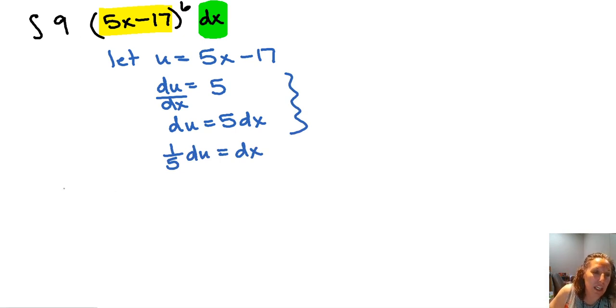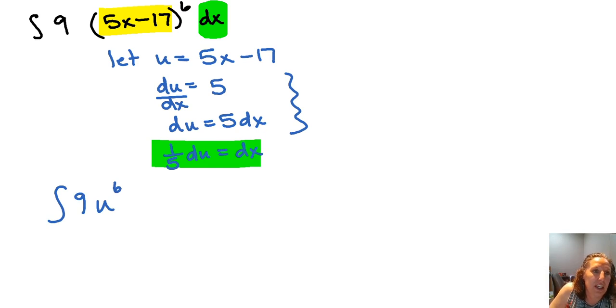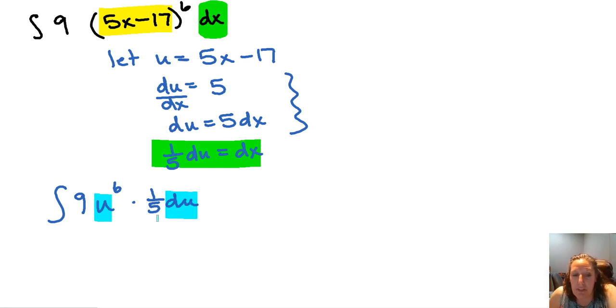Alright, so if we plug back in, we didn't do anything with our 9 out front. Inside the parentheses is what we called our u raised to the 6th power, and our dx we said is equal to 1/5 du. Now our variable and our differential are in the same variable.